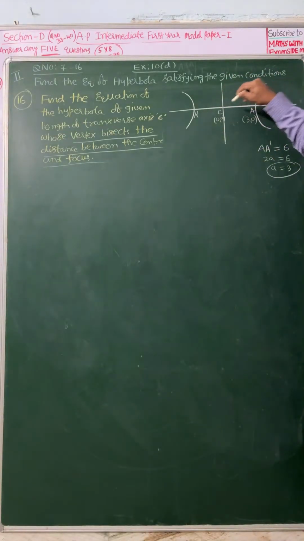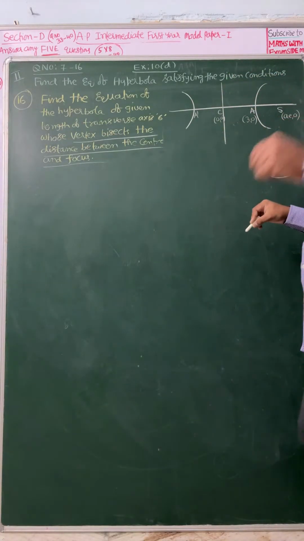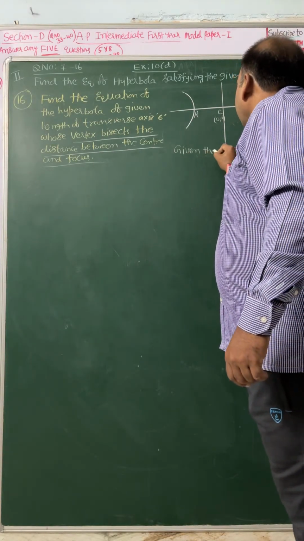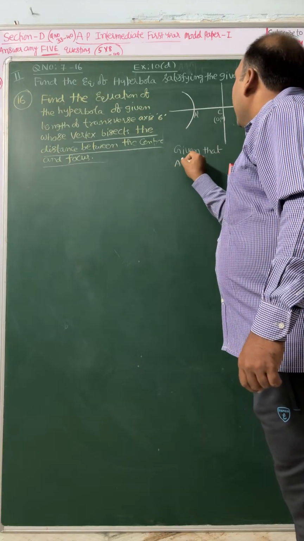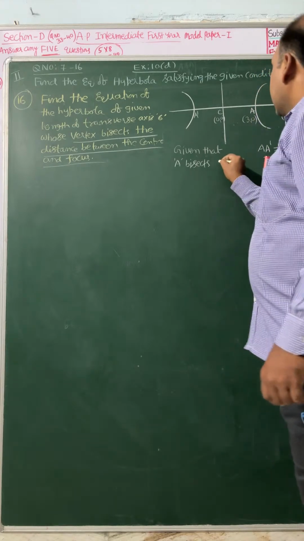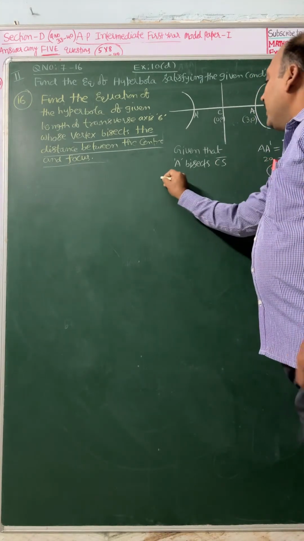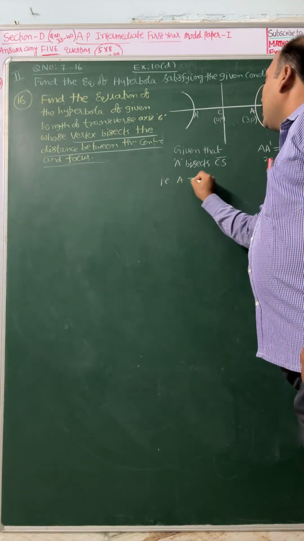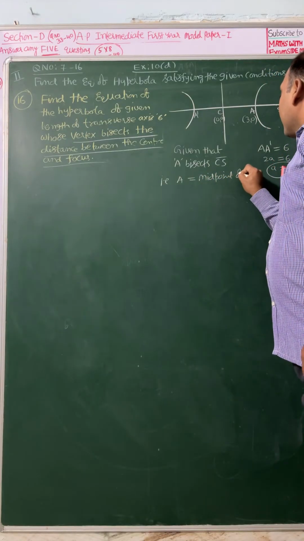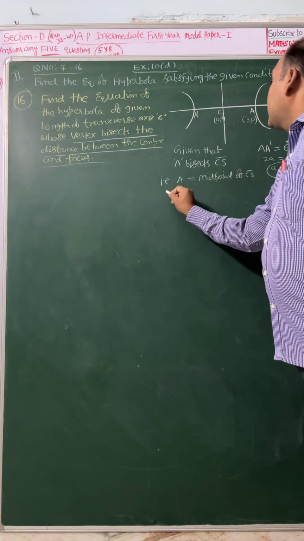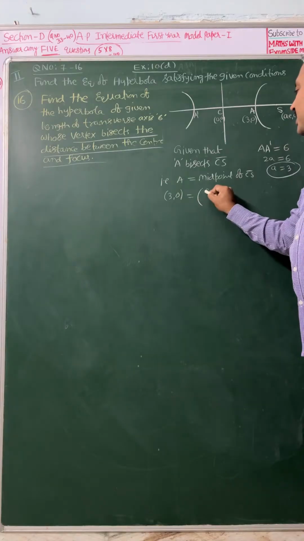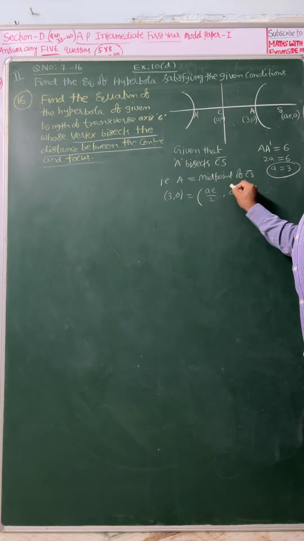A divides CS in equal ratio. Given that A bisects CS, that is A is the midpoint of CS. So A means (3, 0). Midpoint is ((0 + ae)/2, 0).